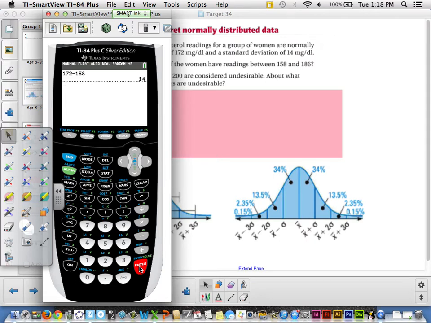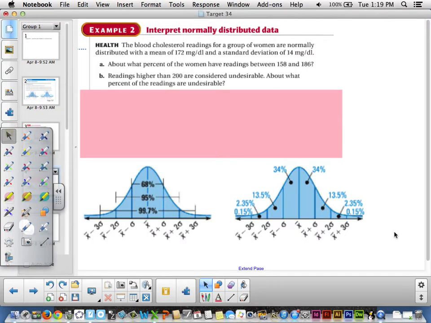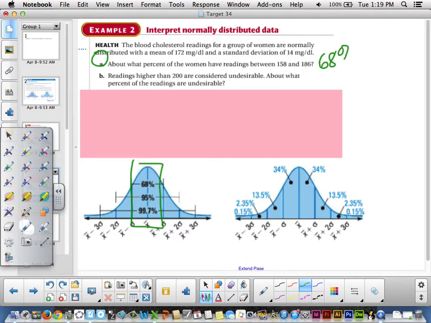So 158 is 1 standard deviation below. 186 minus 172, that's 14. 1 standard deviation above. So we're within 1 standard deviation. So within 1 standard deviation, that's 68% of the women. 68% of the women have a reading between 158 and 186 because that's within 1 standard deviation of the average.